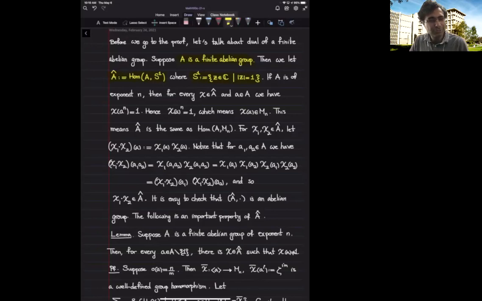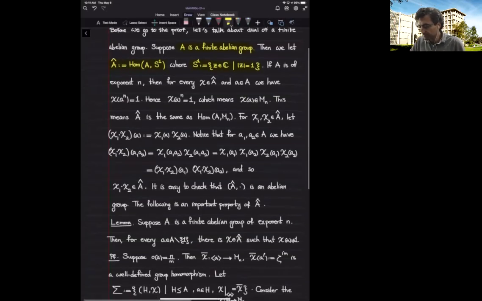So it should also remind you of Fourier analysis if you know a bit about it. If you don't, that's fine. You don't need Fourier analysis for this part of the course.